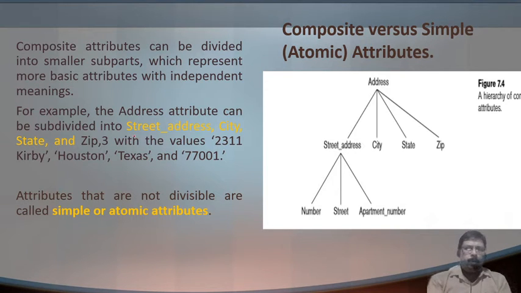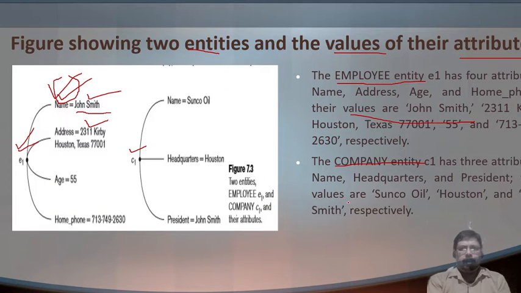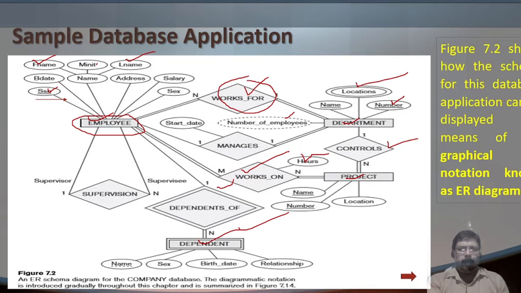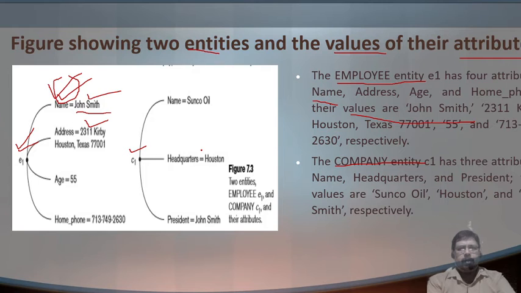If you consider the address, or the employee name, here we have directly given the name of the employee, right? But when we consider the table, here we have split it into three parts: F name, M name and L name, correct? So here in this ER diagram you can see name is an attribute, and this attribute has some composite attributes. Got it clear?